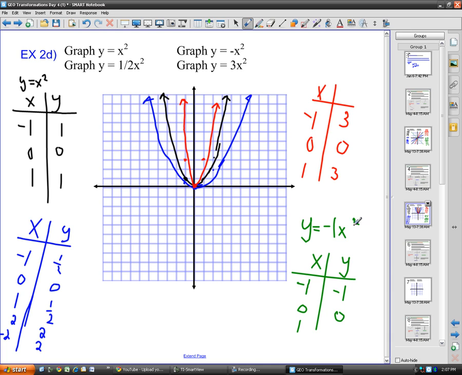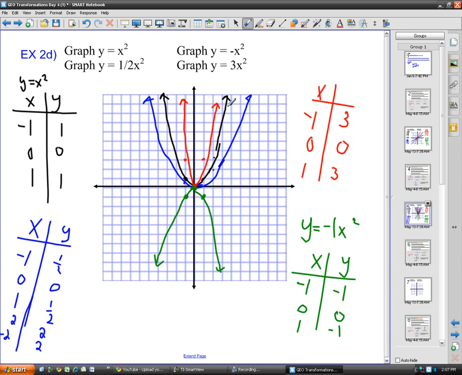So at -1 I'm at -1, at 0 I'm at 0, and at +1 I'm at -1. So my graph doesn't open up anymore. It's the same as the black graph, it's just opening down. So this time we flipped it over, and that's what happened before. When we multiplied by a negative, we flip it over. So remember, multiplying by a negative flips it over, multiplying by a number between 0 and 1 flattens it out, and a number bigger than 1 will make it narrower.